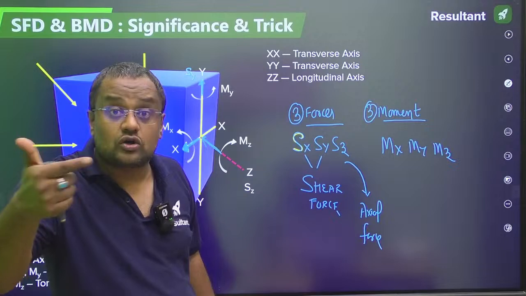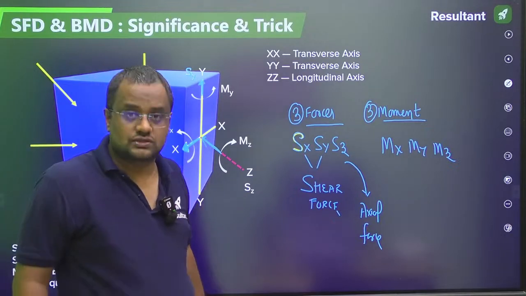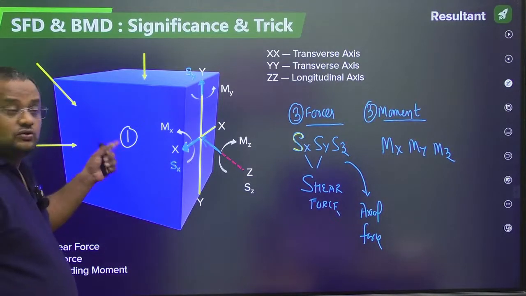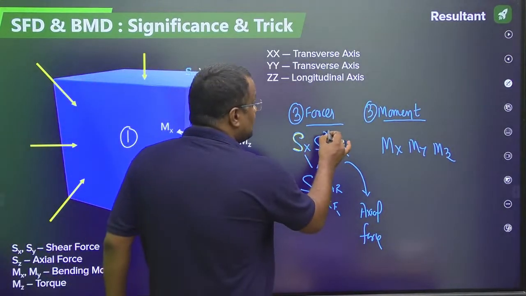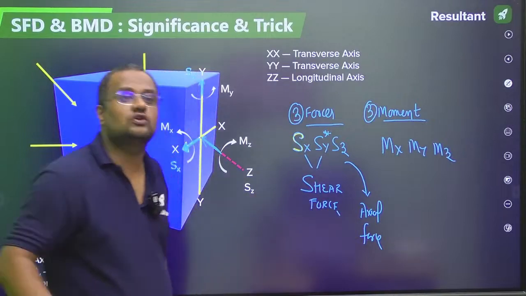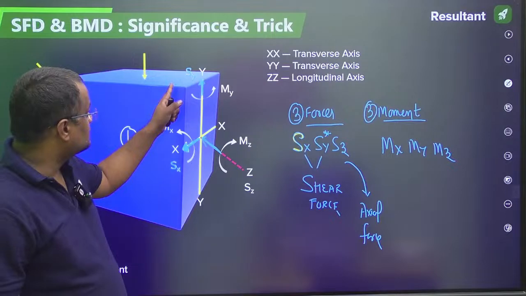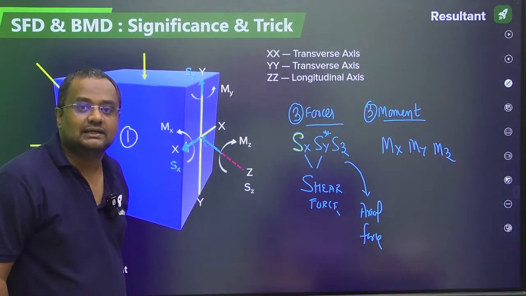Now, in your course, there is generally vertical loading. You have not seen these kinds of loadings. So in your course, you generally deal with this kind of shear force Sy, because you deal mostly with vertical forces. For vertical forces, this Sy should be coming like this.